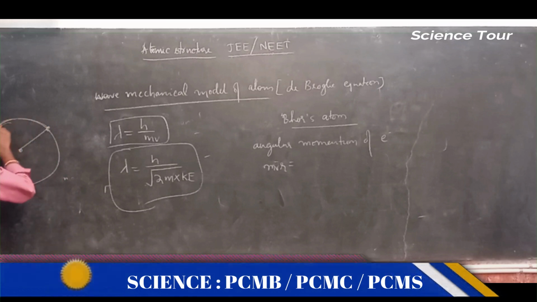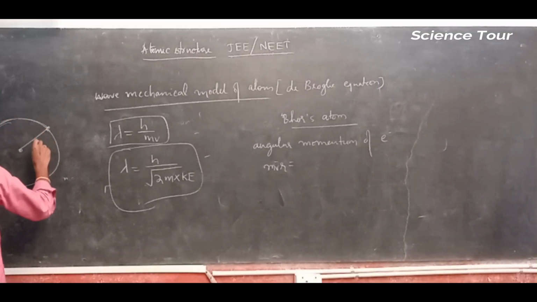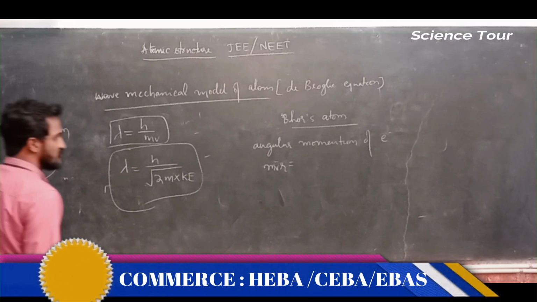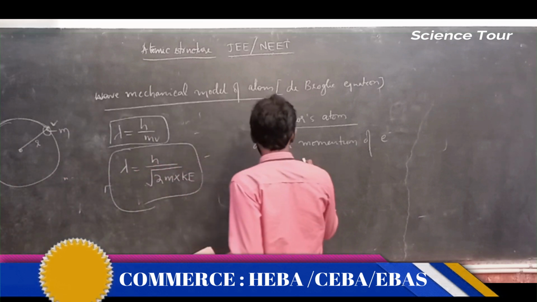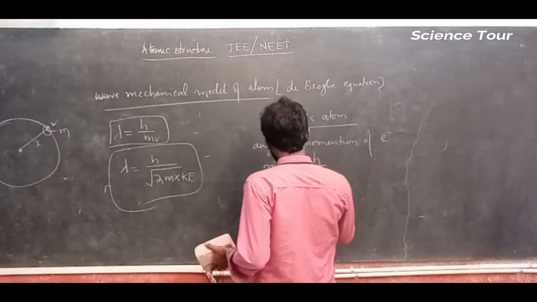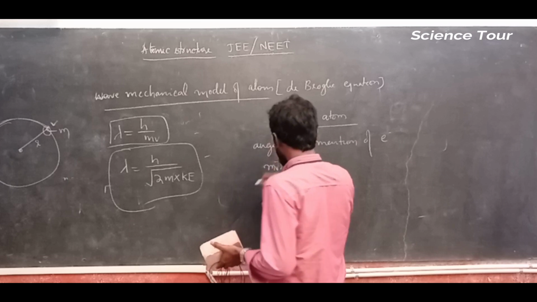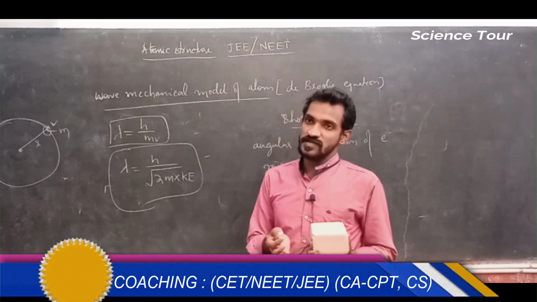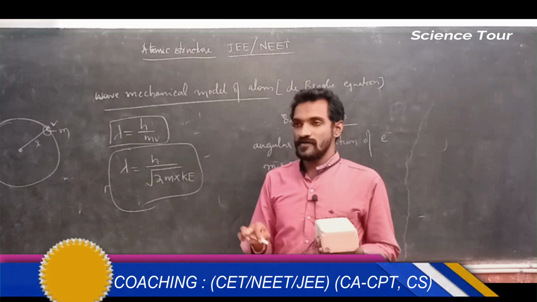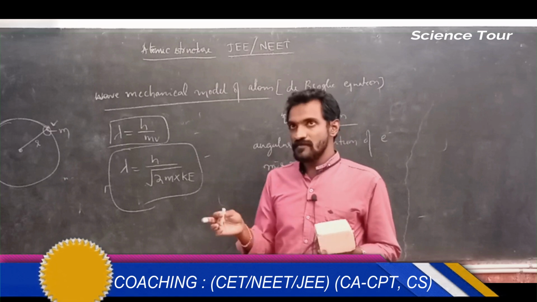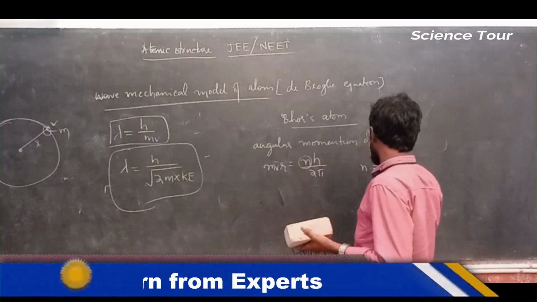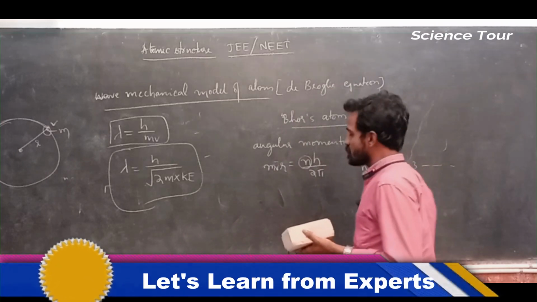One electron is revolving in a circular orbit, with radius r from the nucleus, velocity v, and mass m. The angular momentum mvr is always n into h divided by 2 pi. Here n is an integer: if the electron revolves in the first orbit n is 1, second n is 2, and so on, n is equal to 1, 2, 3, a whole number.